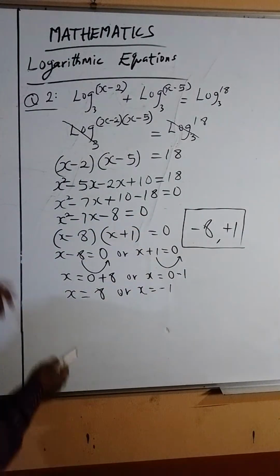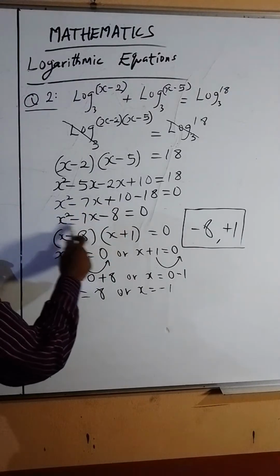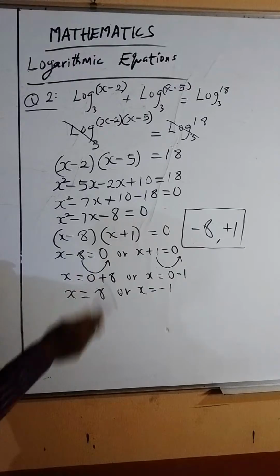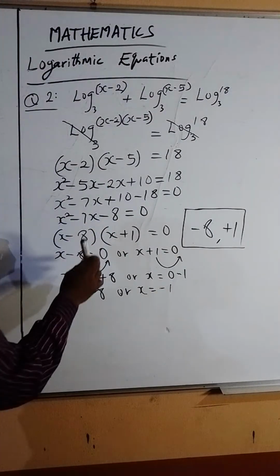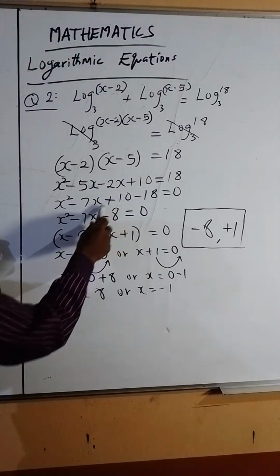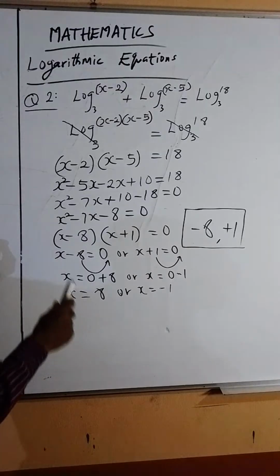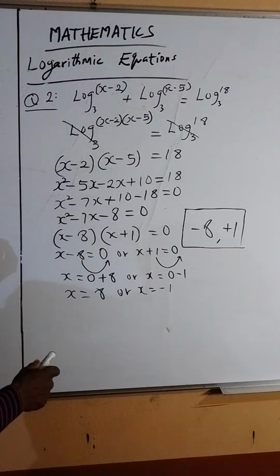All right, so if we do that, we can now factorize this expression, because the expression is factorizable. The question now will be, what two numbers will give us minus 8 when multiplied and give us minus 7 when added?